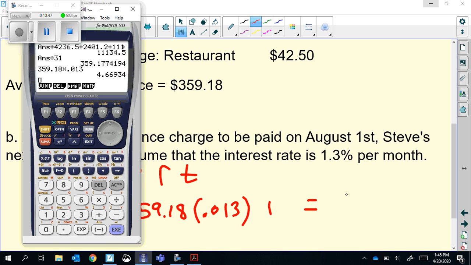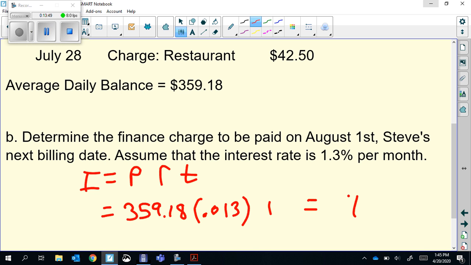So that's $4.67. That's your finance charge. That's all the fees.